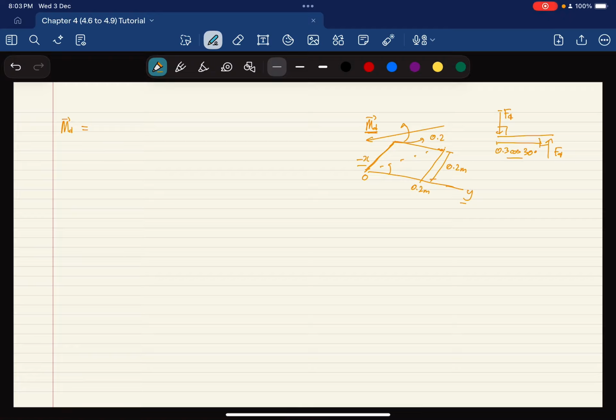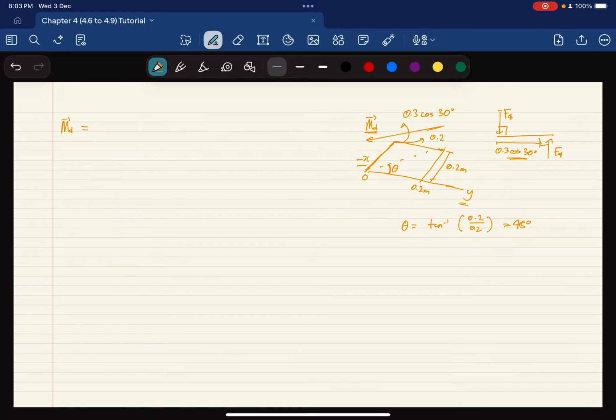So that's why we put the cosine 30 right here. Now that 0.3 cosine 30, I have to resolve into x and y components. This angle right here is tan inverse 0.2 over 0.2, which is obviously 45 degrees.